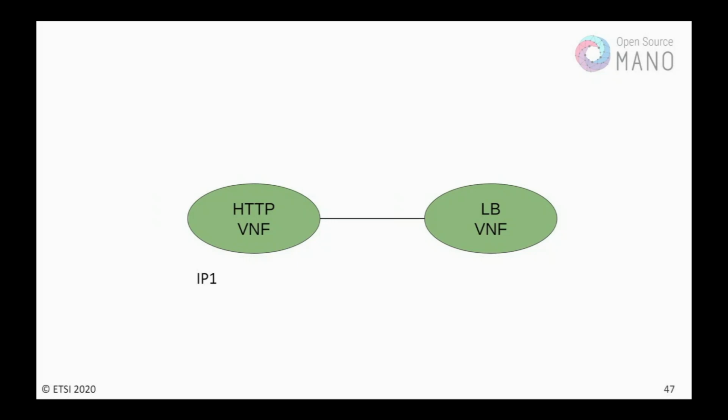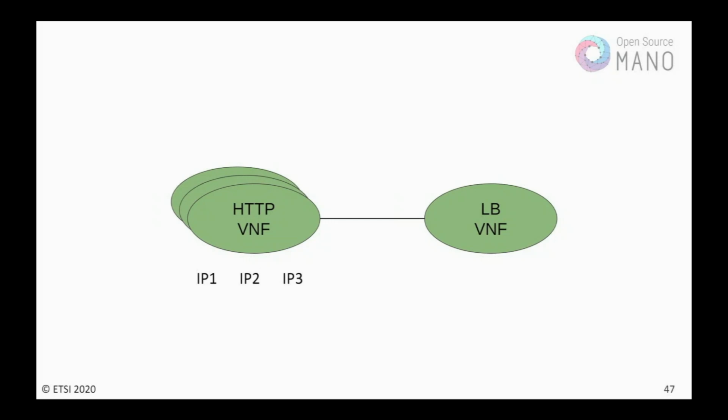So the load balancer knows which list of servers it has available to load balance. Okay. So in this case, we will have one IP. I could have more details, but I didn't have time for it.